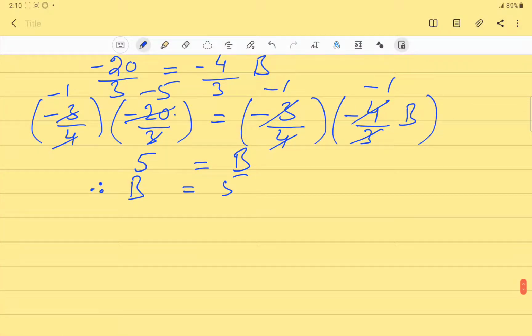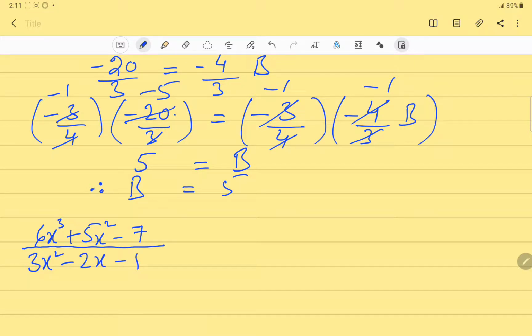Now we can write our partial fractions, as we have already found the values of a and b. So 6x cubed plus 5x squared minus 7 over 3x squared minus 2x minus 1 is equal to, please don't forget to write 2x plus 3 which we have left in the beginning.